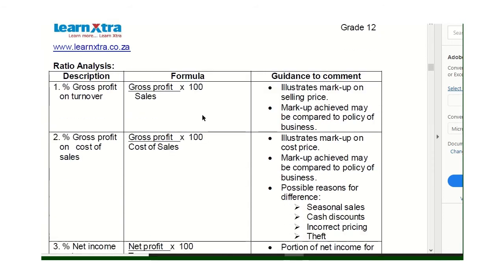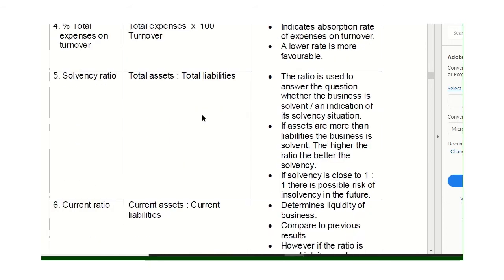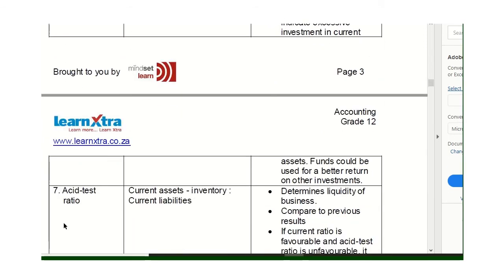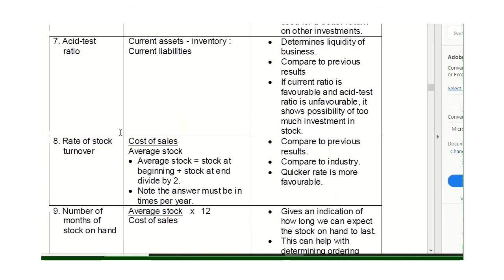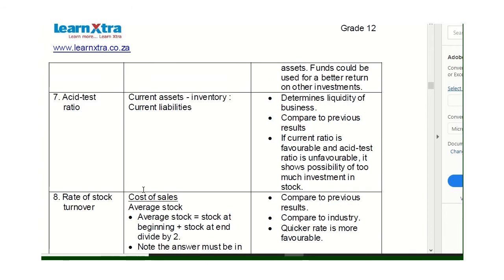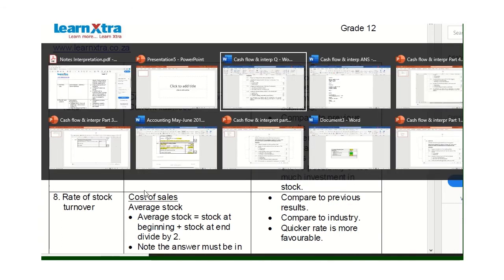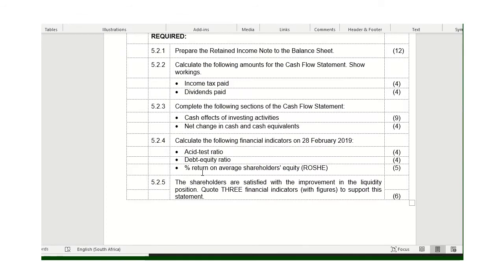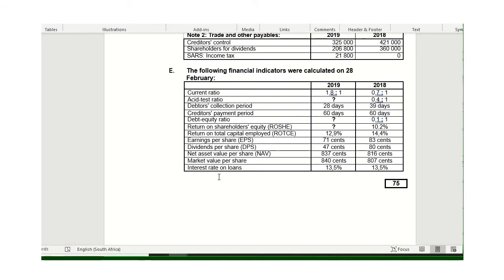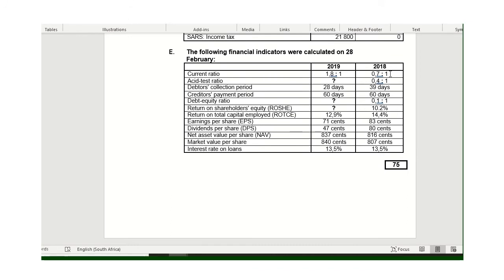My liquidity figures are current ratio, asset test, and rate of stock turnover, or you can use number of stock on hand. So we're going to look at those and see if they improved from last year to this year. The current ratio, last year it was 0.7 to 1. This year it's 1.8 to 1.